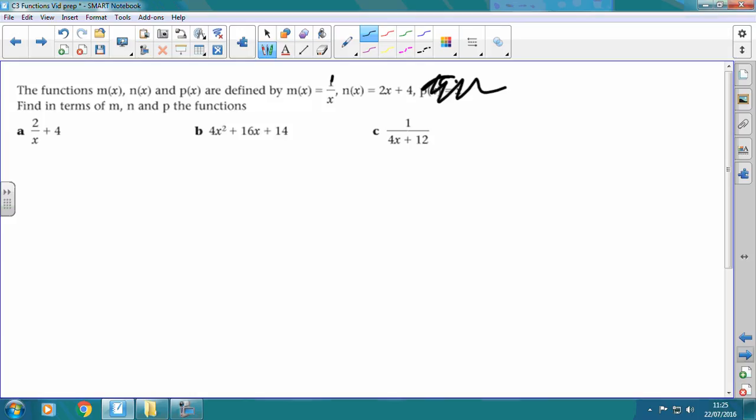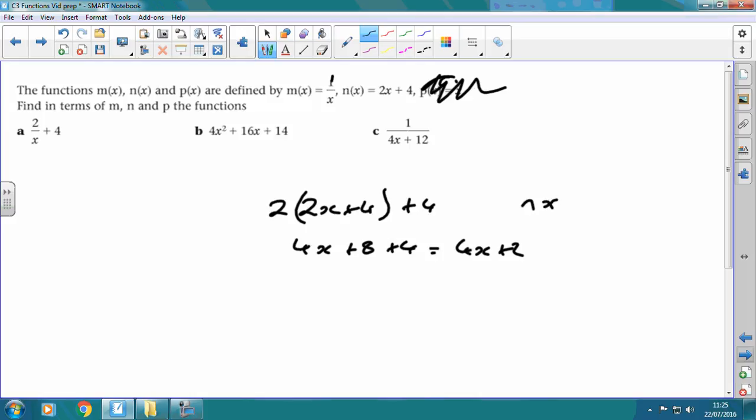So in order to get that, what we're going to do is if we substitute 2x plus 4 into itself, 2 lots of that plus 4, that's going to be 4x plus 8 plus 4, which equals our 4x plus 12. Right, so the way we did that is we substituted n of x into n. And now what we need to do is we need to substitute this into our m of x.